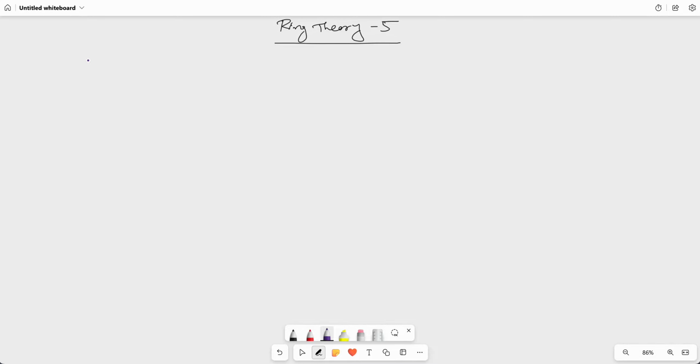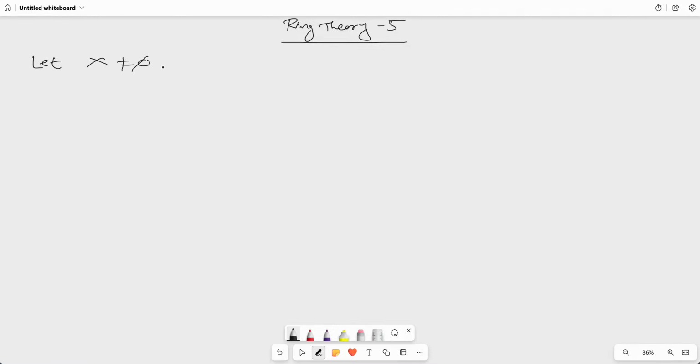Initially, suppose that X is any non-empty set.